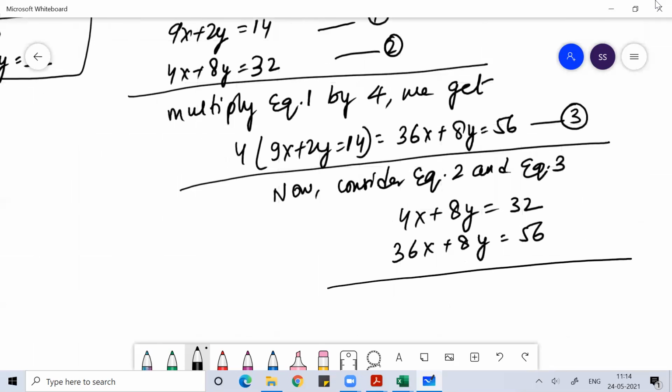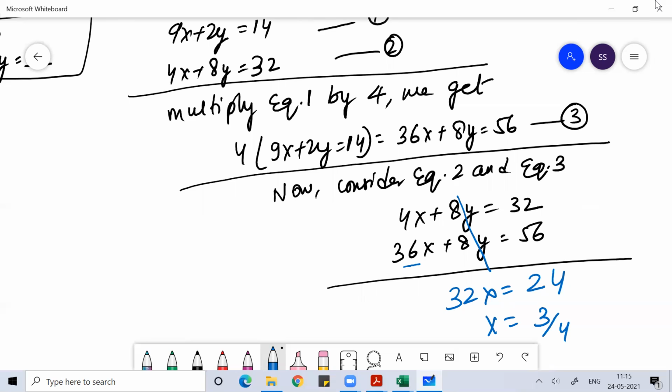Okay, so if you subtract the second equation from the first, the y terms get cancelled. 36 minus 4 would be 32x. 32x is equal to 24. So the x value: 8 3s are 24, 8 4s are 32.